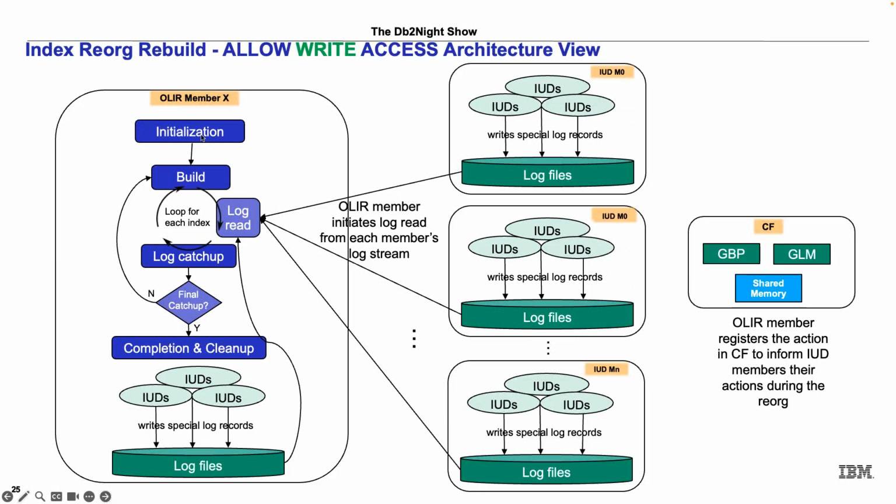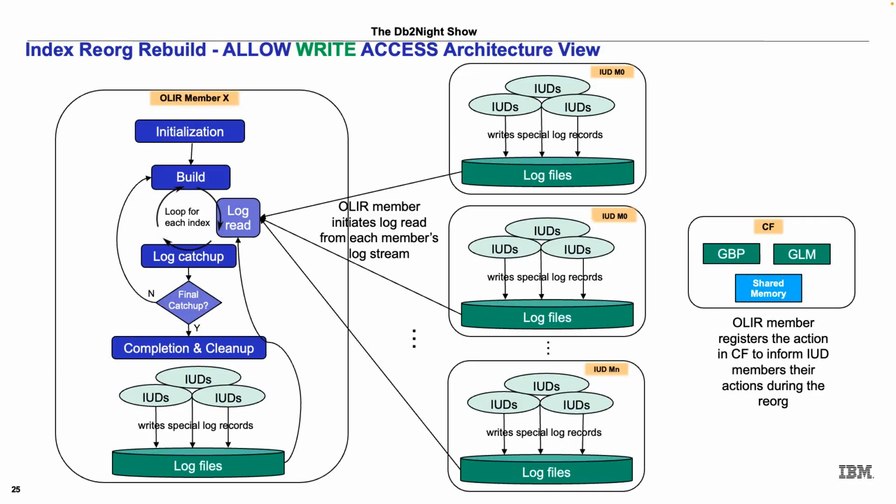The reorg will start with an initialization phase. So like mentioned before, an IN table lock or partition lock is acquired, the shadow index object is created, and the shared memory is allocated in CF to coordinate between members.